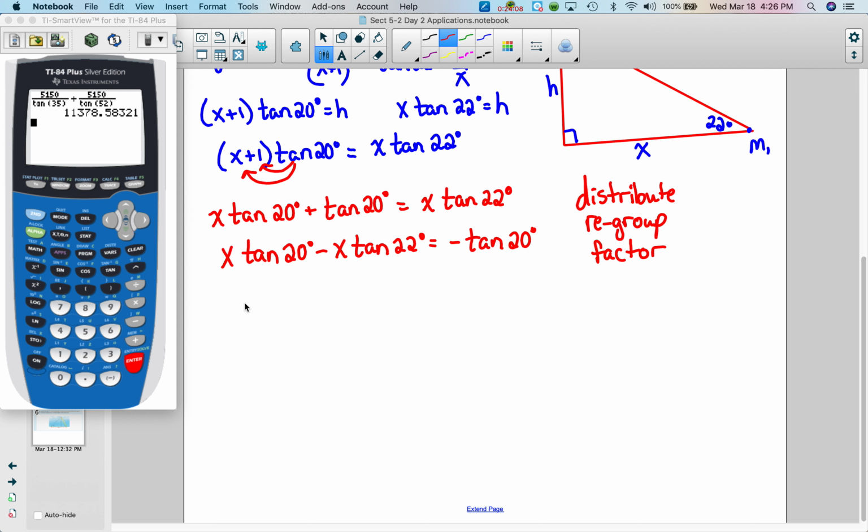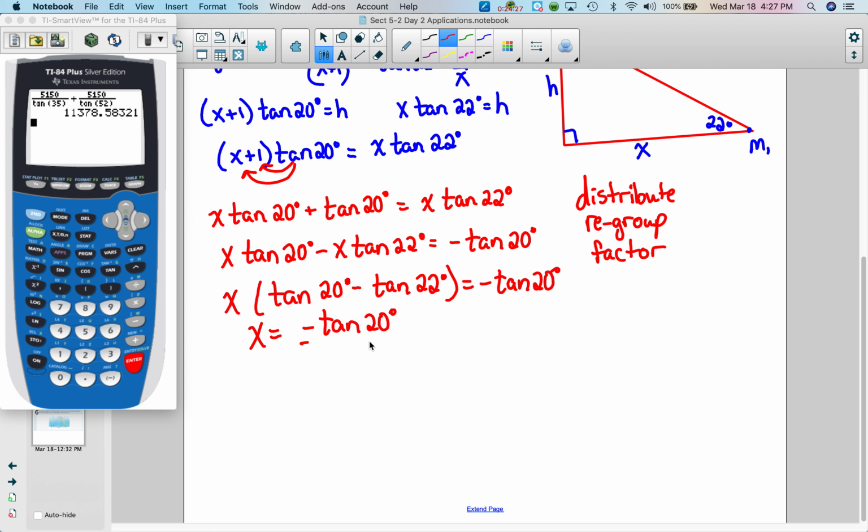Now I factor out the x, and I get tangent 20 minus tangent 22. And now I solve for x by dividing. So I get x equals negative tangent 20 degrees over tangent 20 degrees minus tangent 22 degrees.